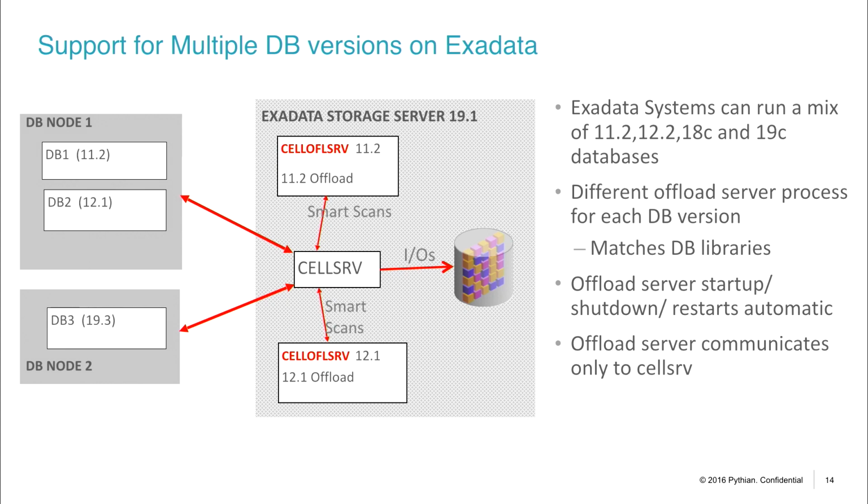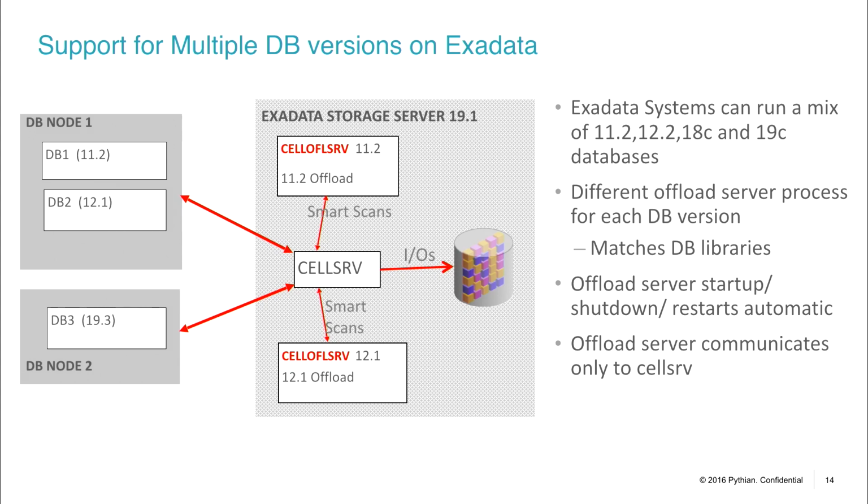Similar to previous Exadatas, this is how it supports. So basically, you have different versions. Currently, 19.3 is the latest one that was released, and it sends the information to the cell server. It offloads all of the database loads to the cell server.